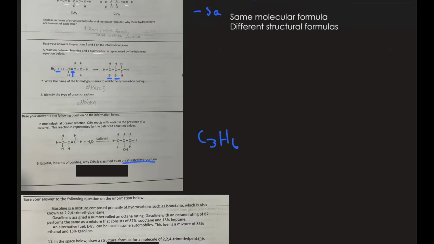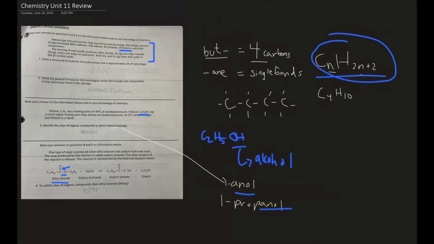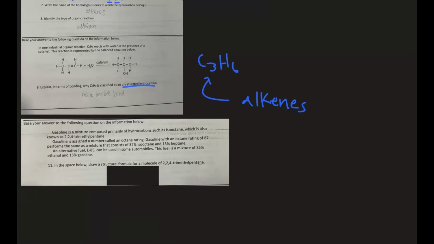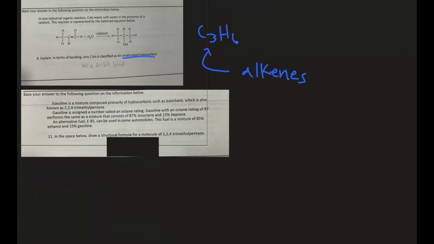In our case, we have 3 carbons and 6 hydrogens. It does not follow the formula here, because if we had 3 carbons, we would have 8 hydrogens. Instead, this follows the formula for alkenes, and therefore it's going to have a double bond, and so it is an unsaturated hydrocarbon.